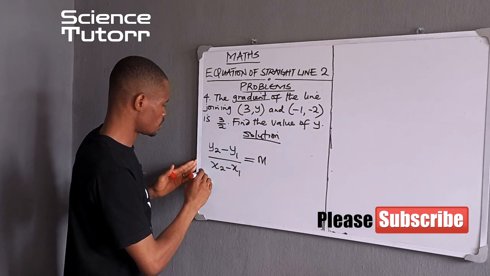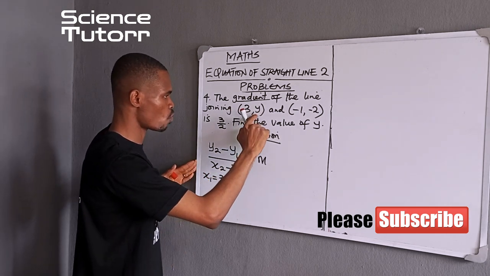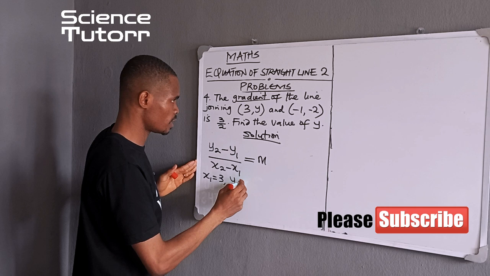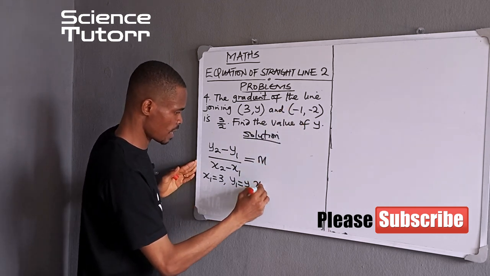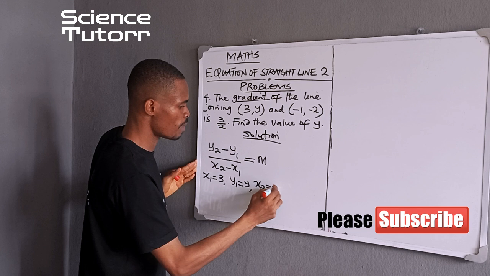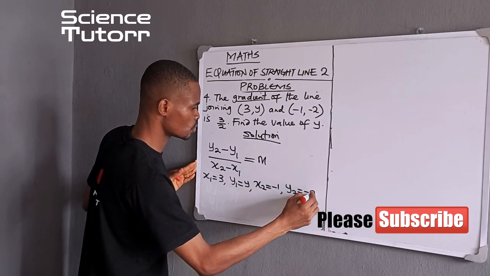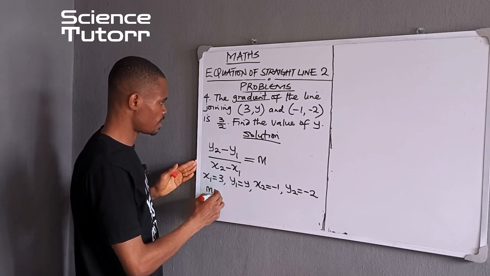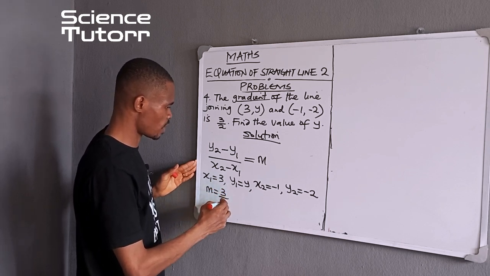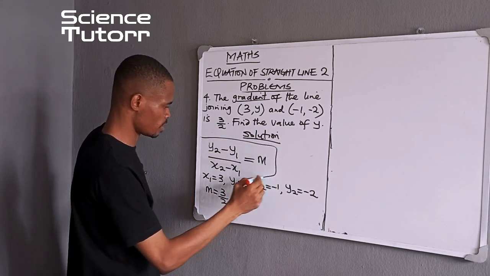Given x1 is equal to 3, y1 is equal to y, x2 is equal to minus 1, y2 is equal to minus 2, and we are told our gradient m is equal to 3 over 2. So let's substitute into the formula above.